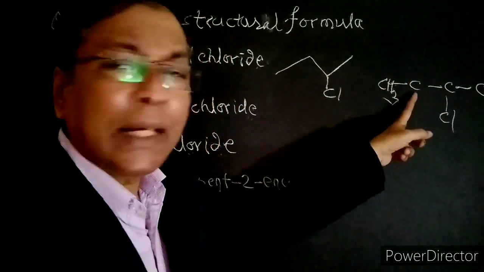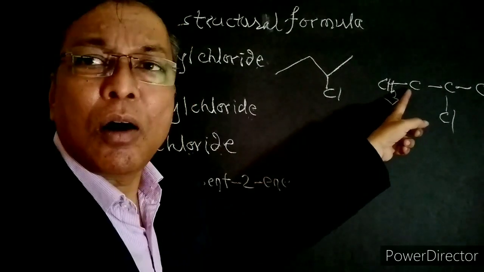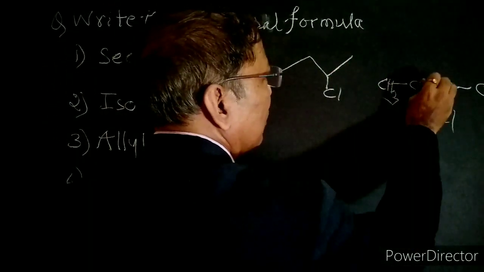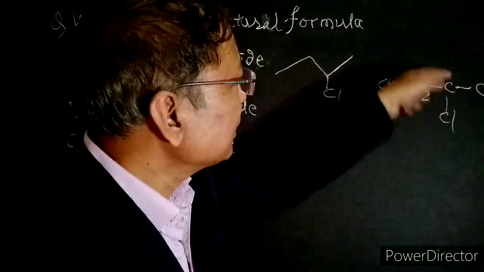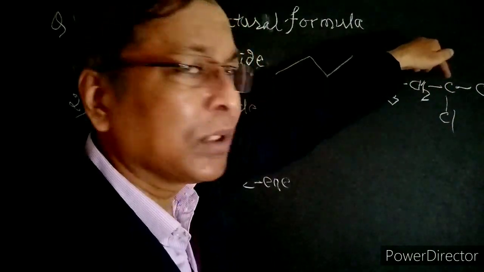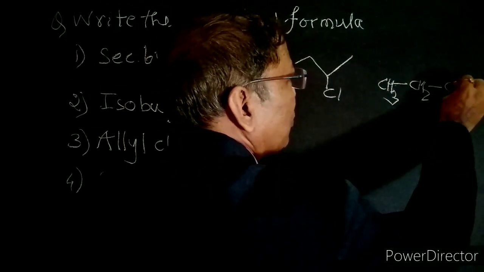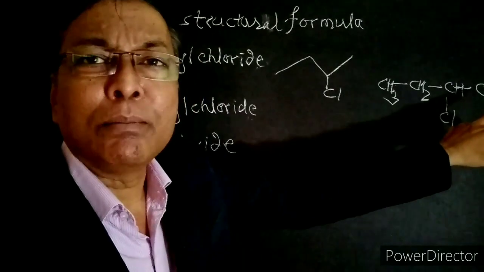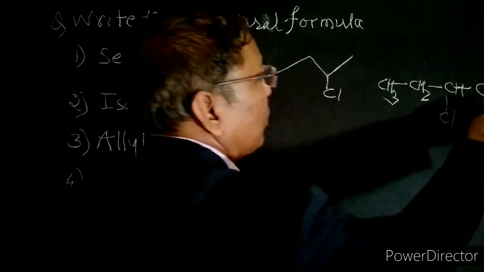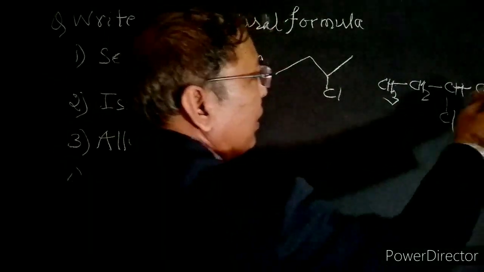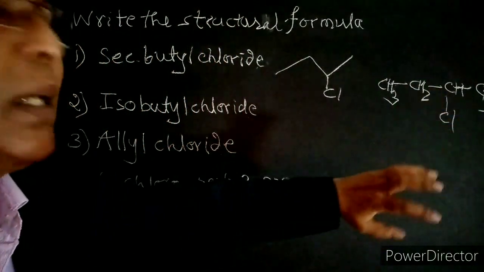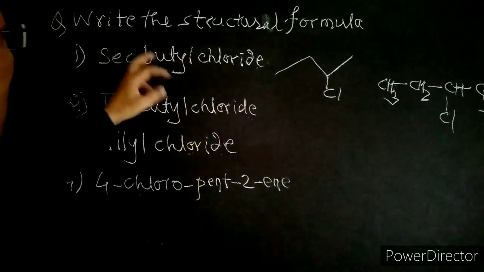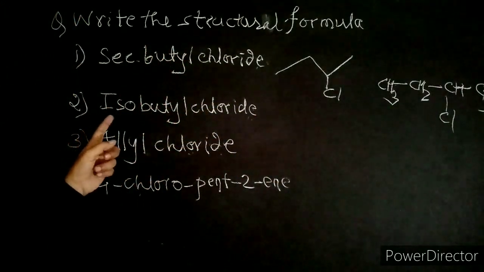This second carbon has 2 bonds, out of 4 subtract 2, so it has 2 hydrogens. This carbon atom has 3 single bonds, out of 4 subtract 3, 1 remains, so it has only 1 hydrogen. And the last carbon atom has 1 single bond, subtract 1 from 4, 3 remains, and it becomes CH3. In this way we can write the structural formula of the given compound.